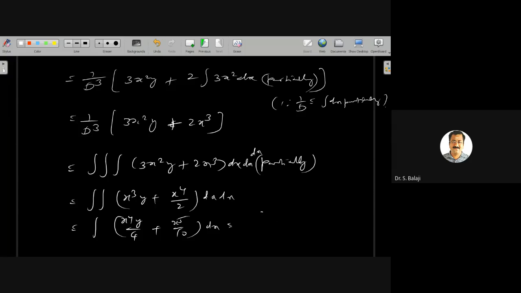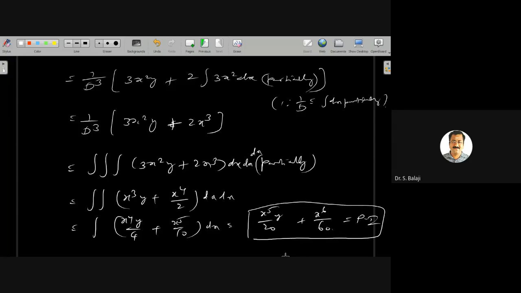Then x power 5 y by 20 and x power 6 by 60. This is your particular integral. This is the answer.